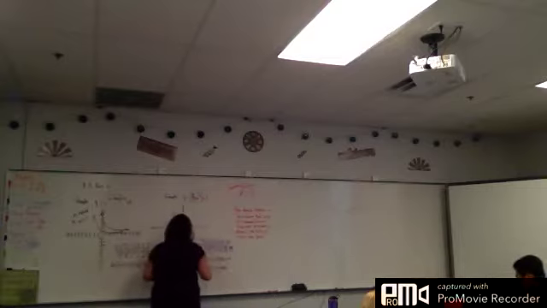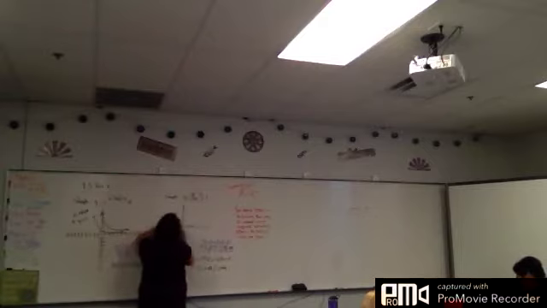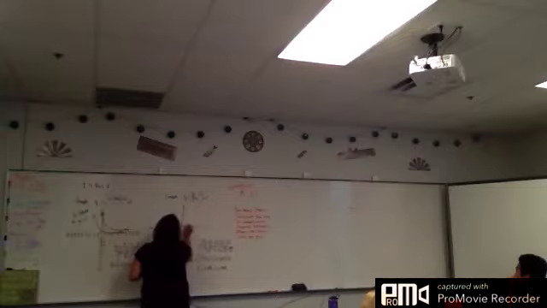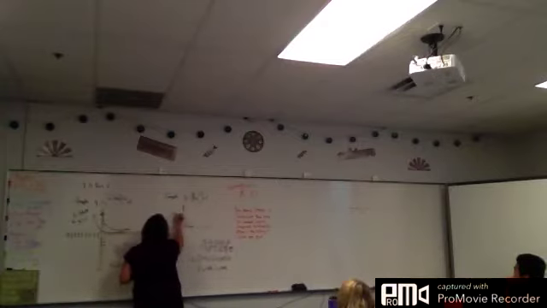Okay. -2, 4.7: 1, 2, 3, 4.7. This point's going to go up 1, right? To there. This point's going to go up 1 to there. This point's going to go up 1 to here and up 1 to here, so this graph looks like this.